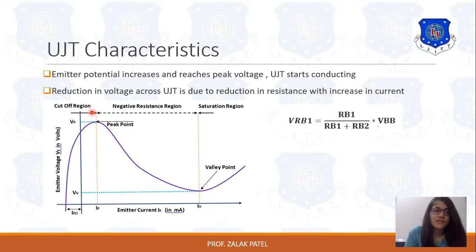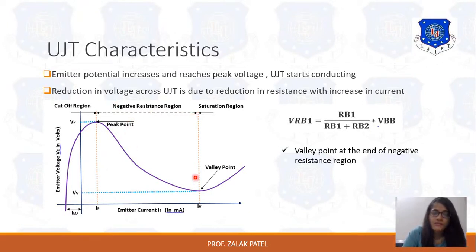It means that with an increase in current the voltage decreases, and because of the reduction in voltage, R is equal to V upon I, if we reduce the voltage then obviously the resistance also decreases. That's why it is called the negative resistance region.